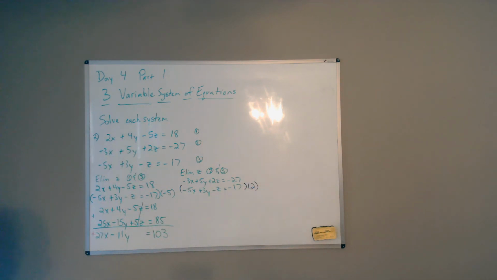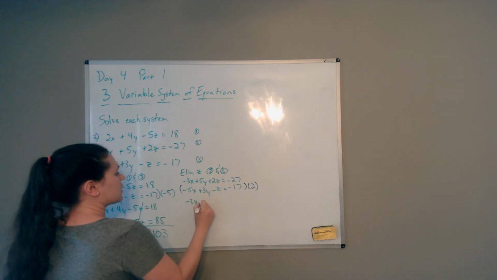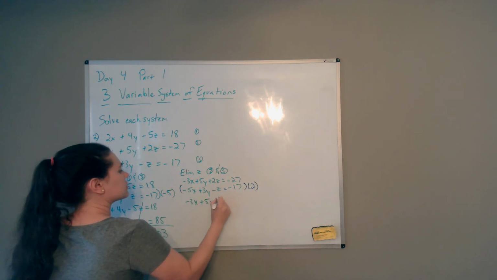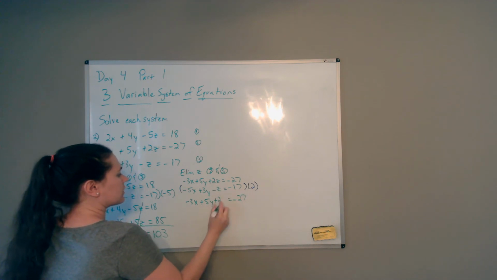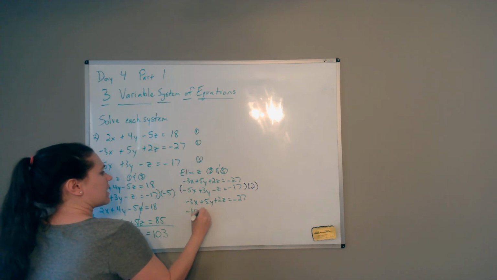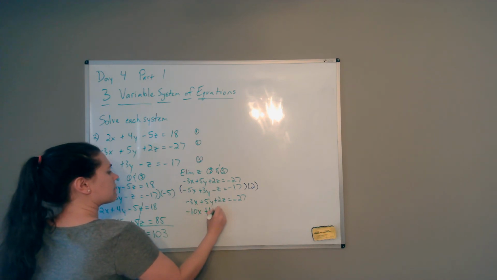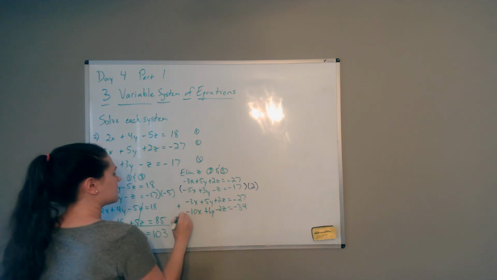That'll get rid of z. And so I'm going to rewrite the first equation. Negative 3x plus 5y plus 2z equals negative 27. See, my work's getting sloppy already. Then negative 10x plus 6y minus 2z equals negative 34. Add these together.